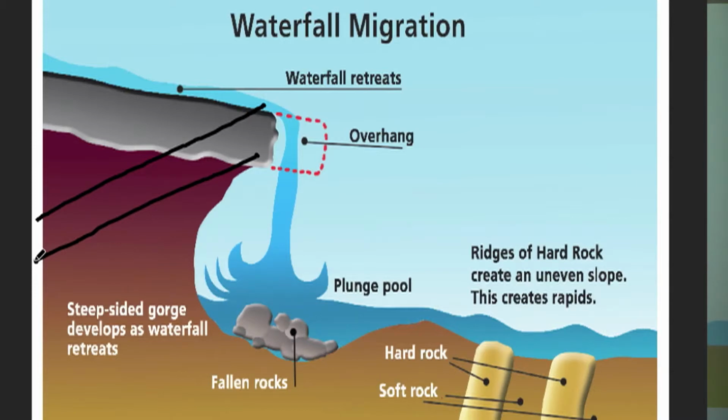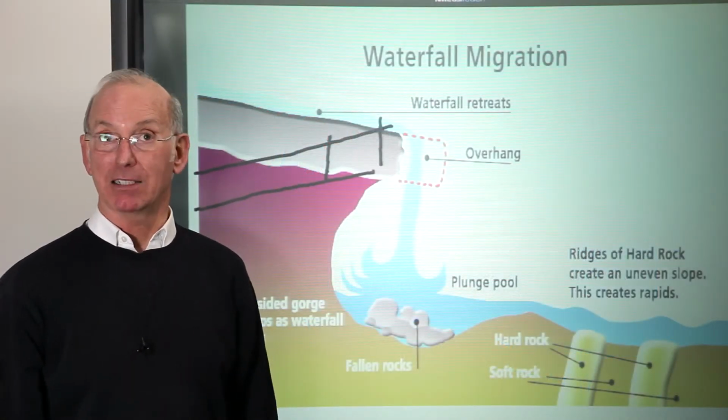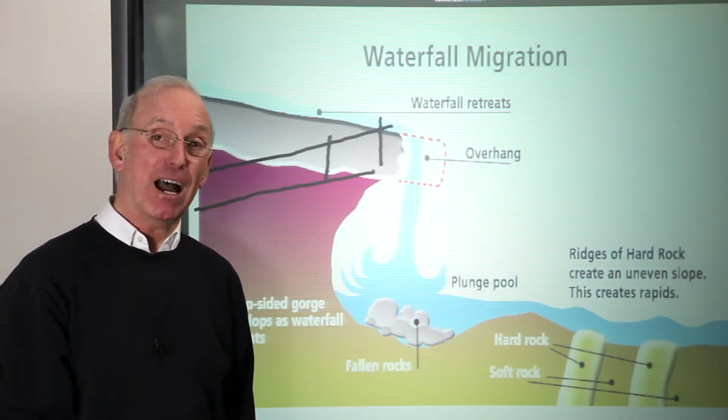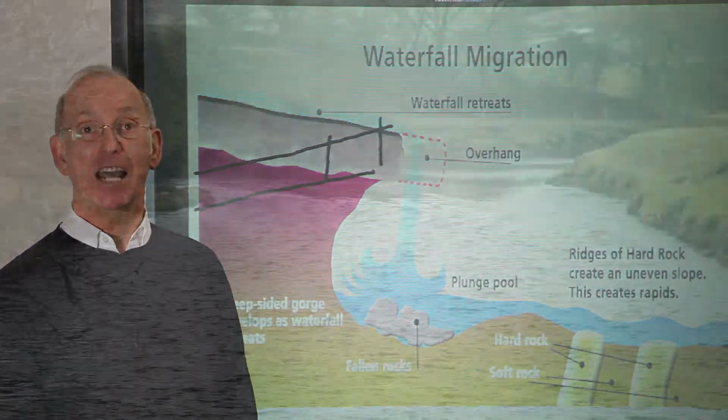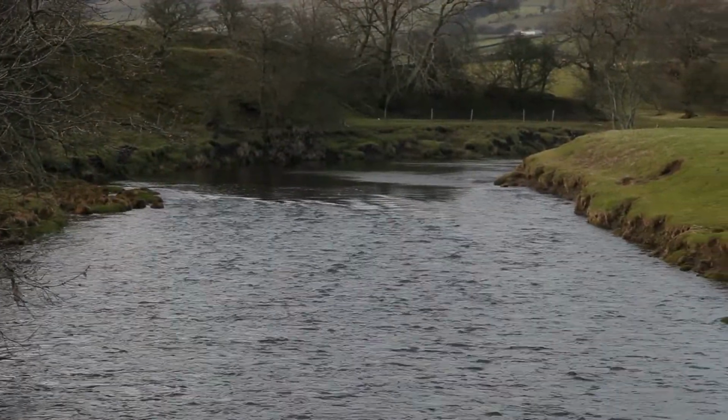If you knock a block off here through the normal processes of undercutting, you can actually see the waterfall will in time become less high. It will in fact, near its deathbed, turn into a rapid and then fizzle out completely.